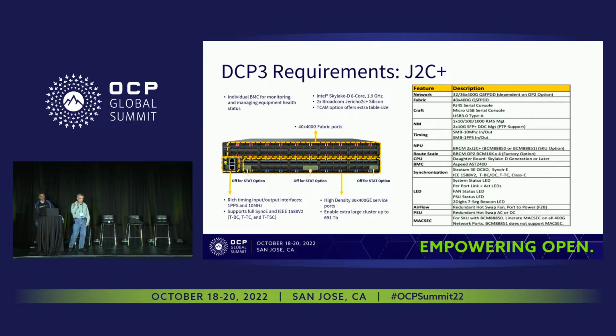As Ram was talking about, the DDC, Distributed Disaggregated Chassis, we broke it down by function: the route processing, the line card, the switching fabric, and also the management switches. So some of these things come together to make up the cluster, both from a functional and management perspective. This is the new one that we are introducing this year. It's based on the J2C+, 7.2 terabit per second.